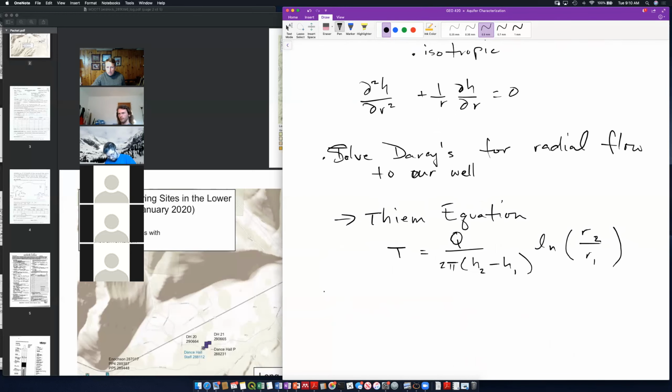So let's look at a drawdown cone here. So in order to use the Thiem equation, we're considering, so here's my pumping well. We're saying we've got 2 observation wells. All right. So here's my constant cone of depression.